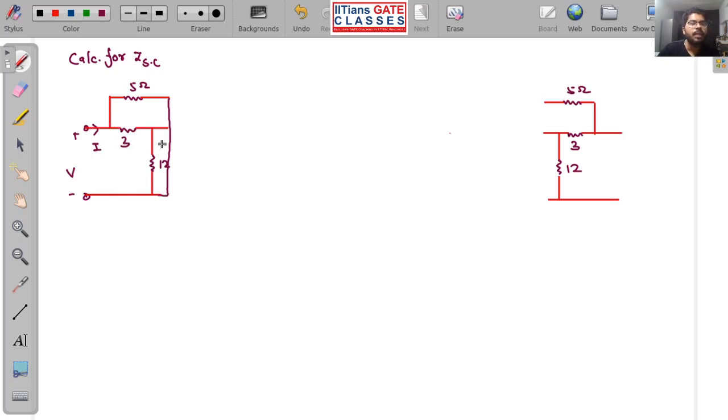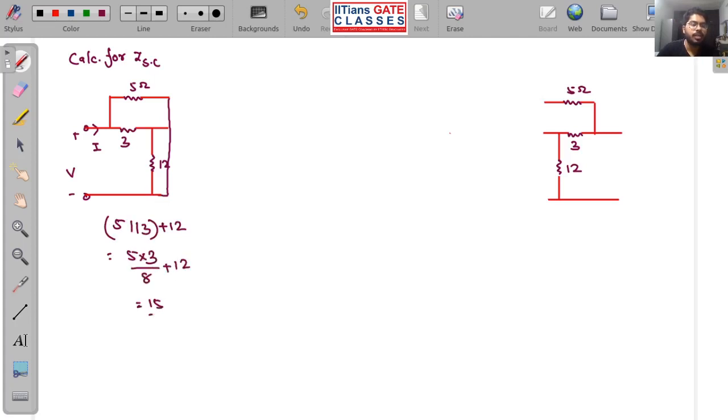So here you can see 5 and 3 they are in parallel, and it is in series with 12. As there is no dependent source, all the resistors will be either in parallel or in series. So 5 parallel 3, and it is in series with 12. So 5 into 3 by 8 plus 12.